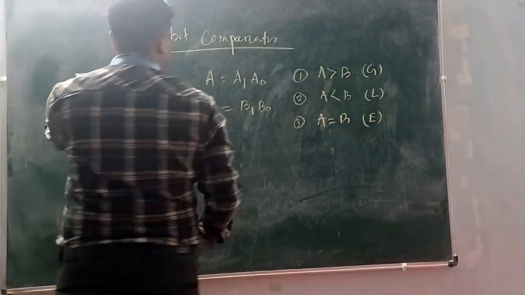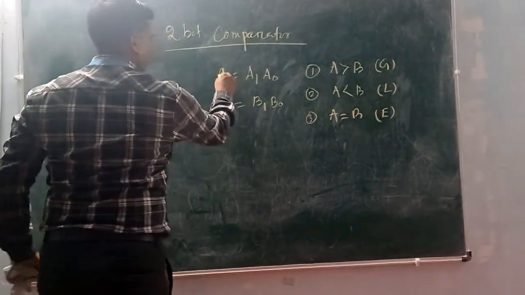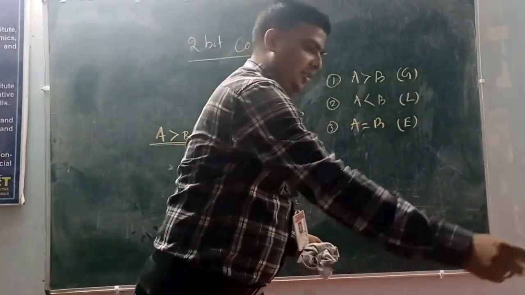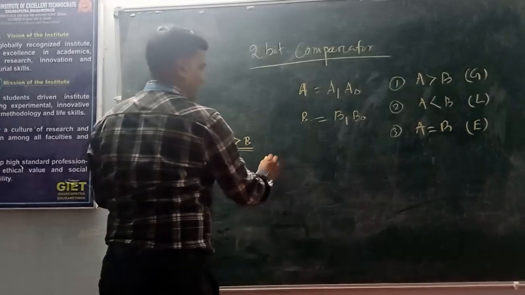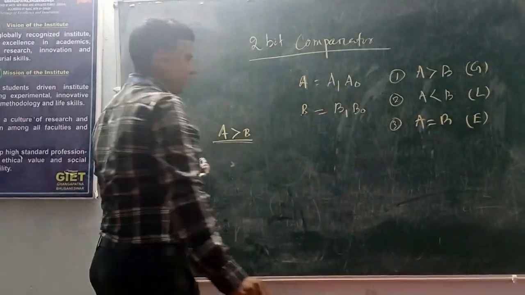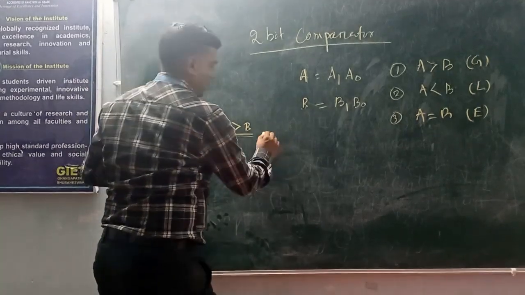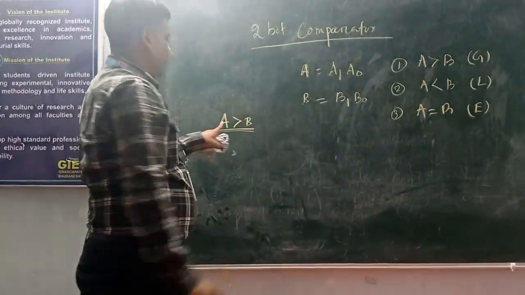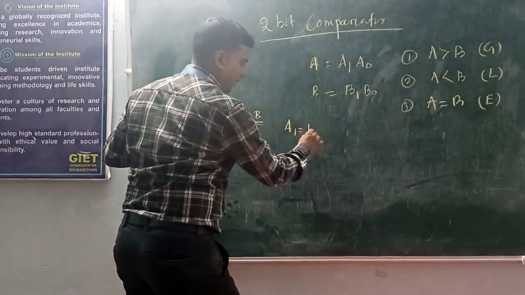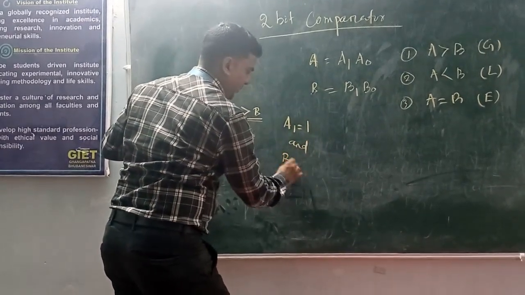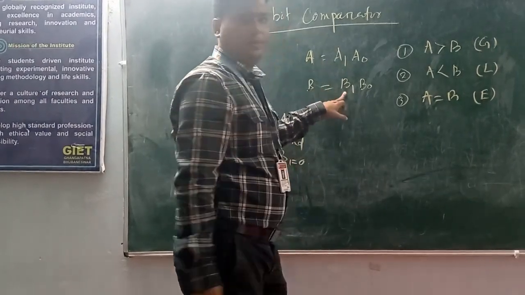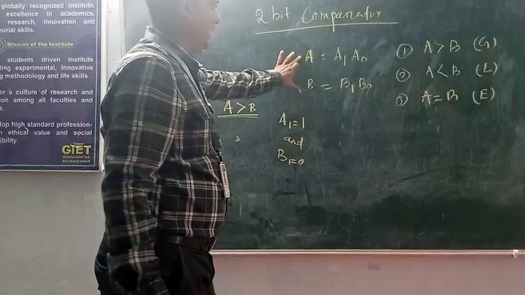So the first condition is what? A greater than B. Let us consider 2-bit numbers A equals A1 A0, B equals B1 B0. Now tell me, when will the condition A greater than B be satisfied? A1 must be 1 and B1 must be 0. That means this bit will be 1 and this bit will be 0.